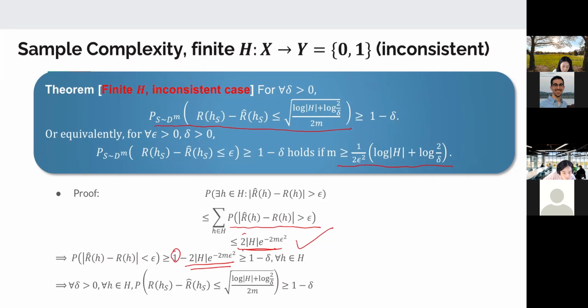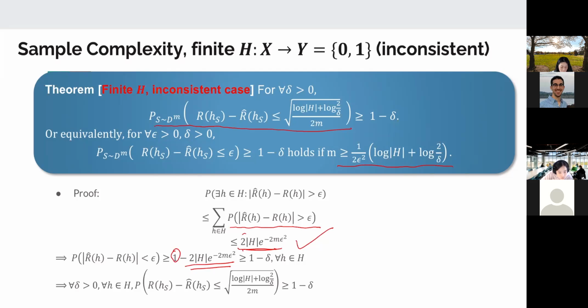This is a very important argument. Any questions? No? Okay, so this is just 1 minus that, because those two events are complementary.